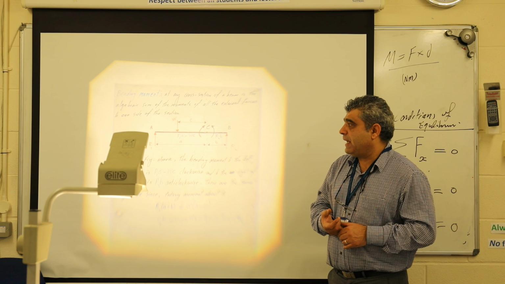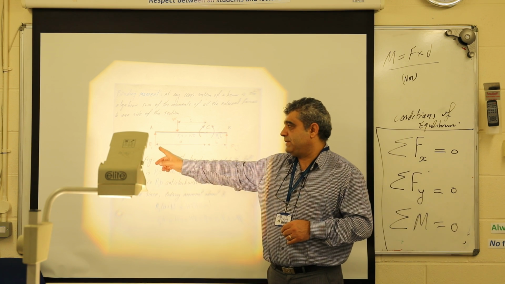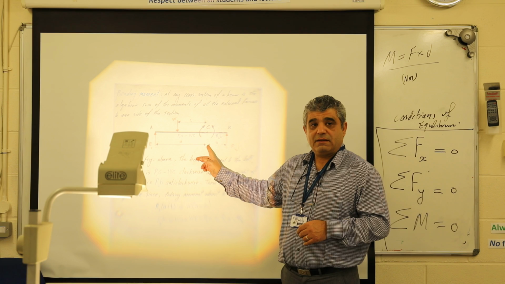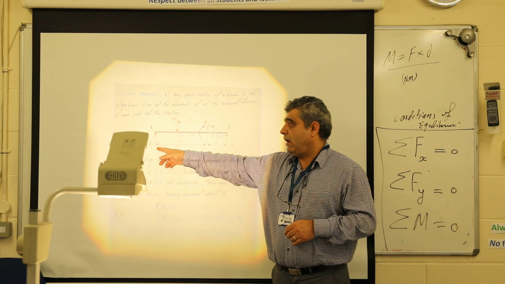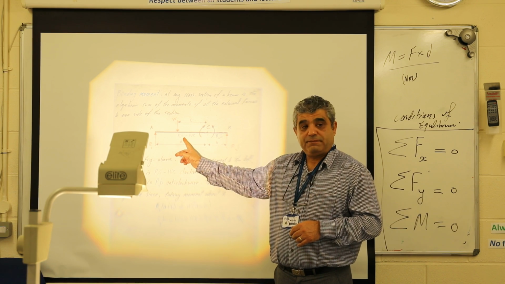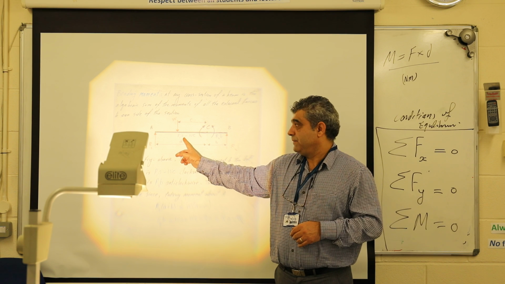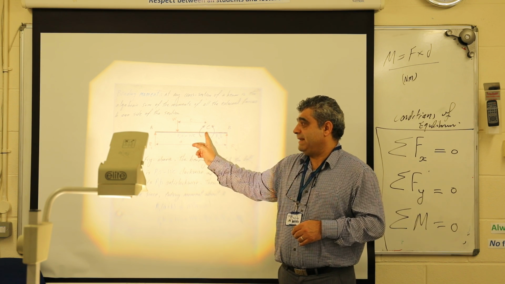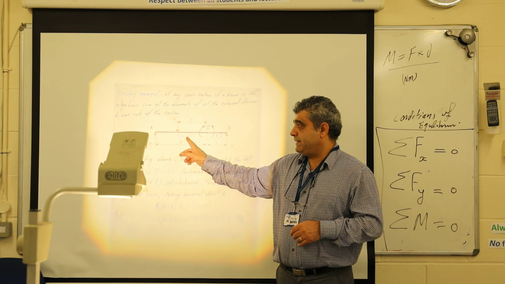As you can see here, we do the moment here, and you're taking the moment about a point, which is, as you can see, the distance from here to the point C is A. So R1 times A, are you with me? And W times C. Where is this negative coming from?